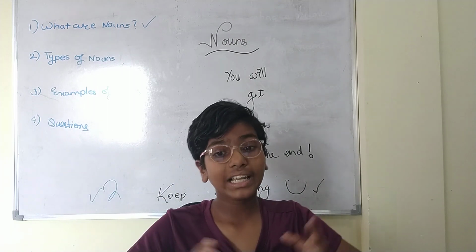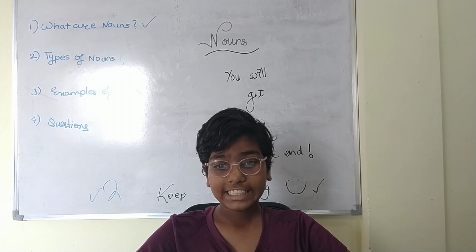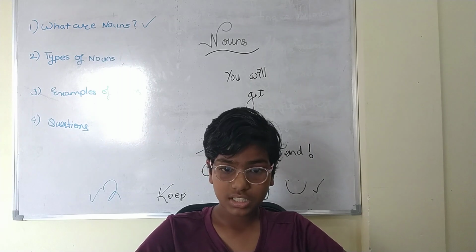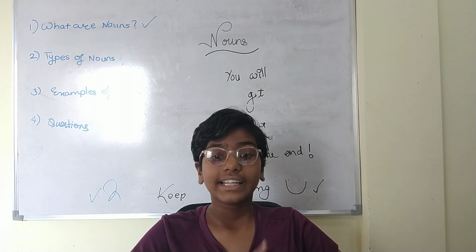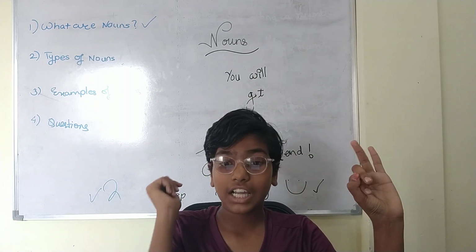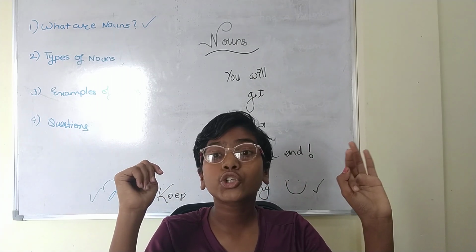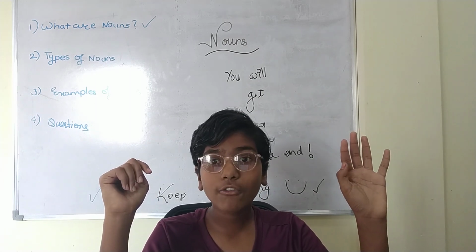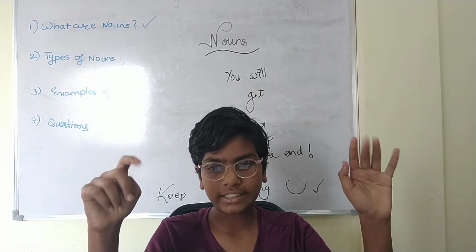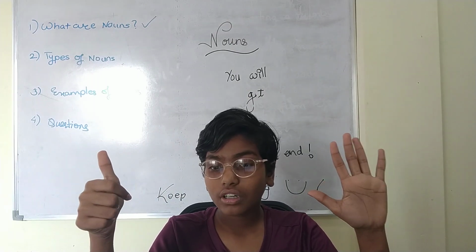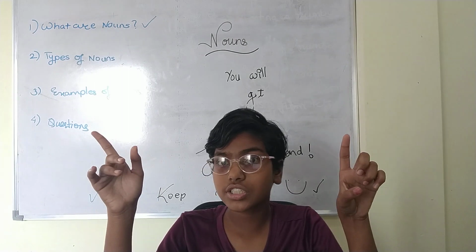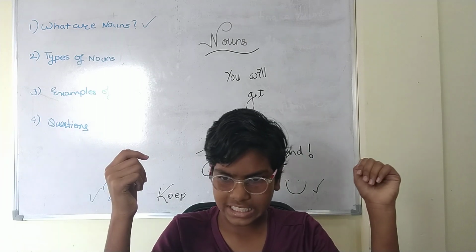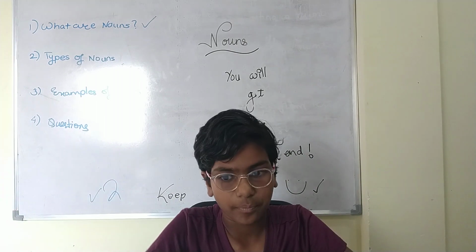Now we will move on to collective nouns. Collective nouns are words used to name collections or groups of persons, places, things, etc. Take a crowd of people, a class of students, a crew of sailors, a bunch of grapes, a jury of singers, a flock of sheep, not the ship which is SHIP, it is SHEEP, which is an animal, a herd of elephants, a swarm of bees, and so on.